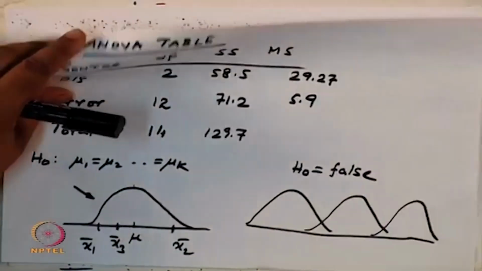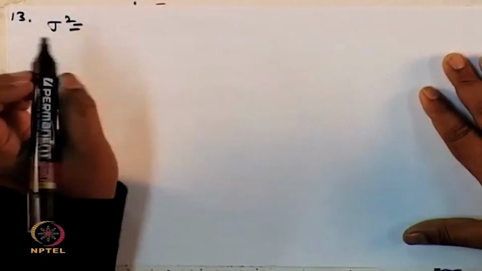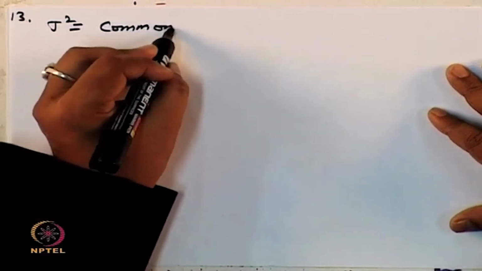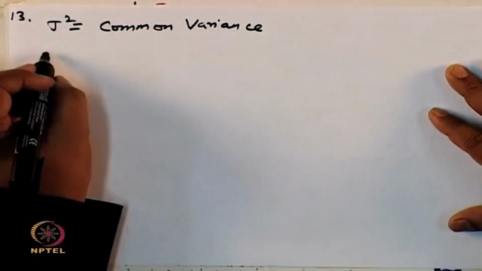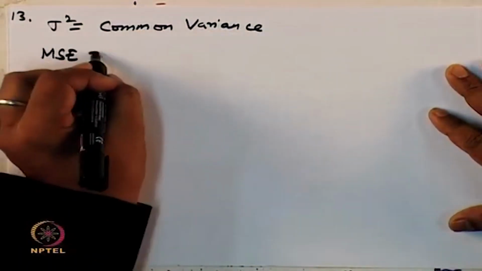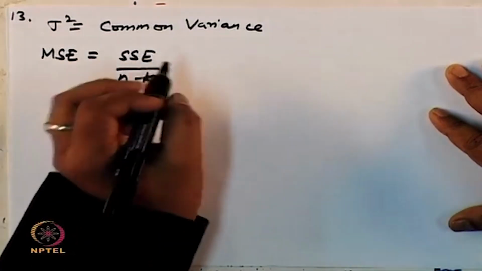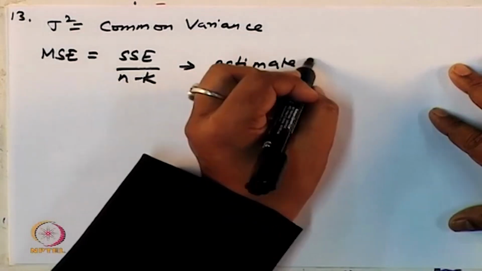So, sigma square, your assumption is that sigma square is the common variance for all k. So, your MSE, which is SSE by n minus k, is an estimate of sigma square.